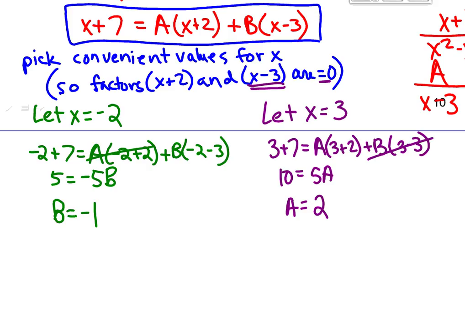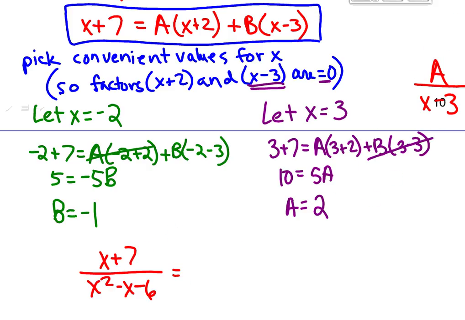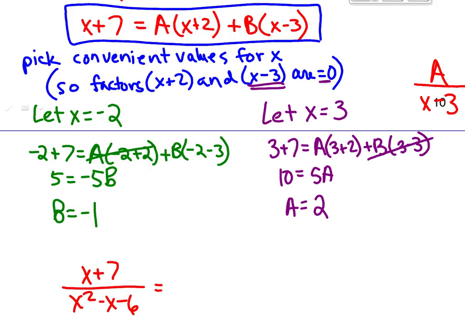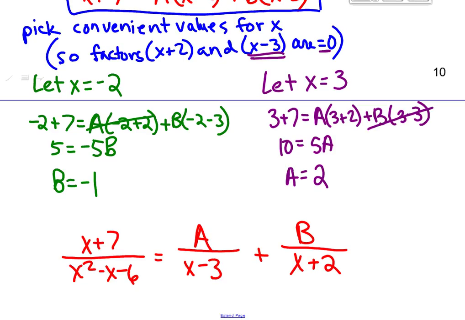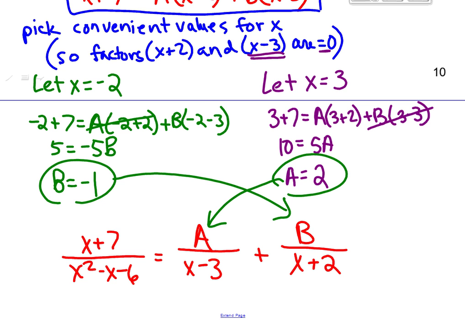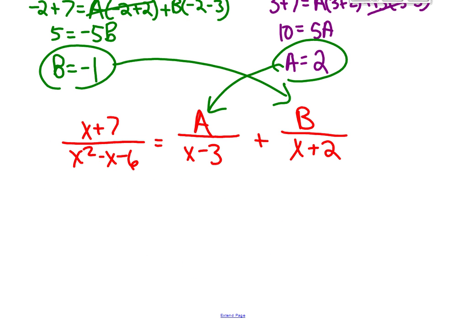Now, remember I had written these and then I cloned them and put them down here. So now I'm going to put that back into my problem. And look, I just figured out what a and b were. So that a can go there, this b can go there, and then I will have my partial fraction decomposition.